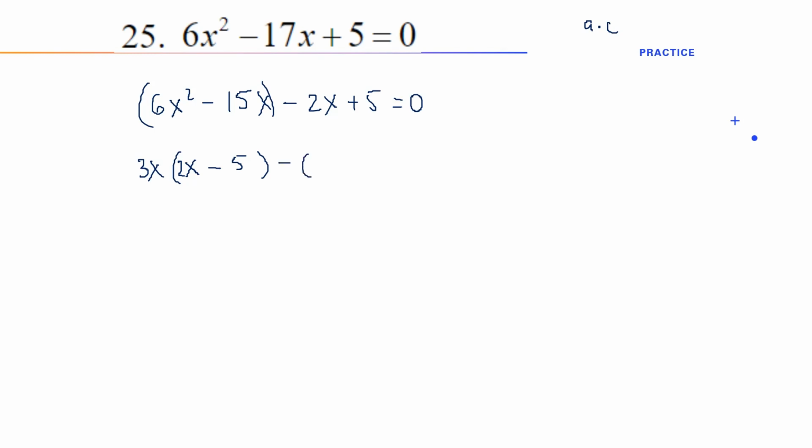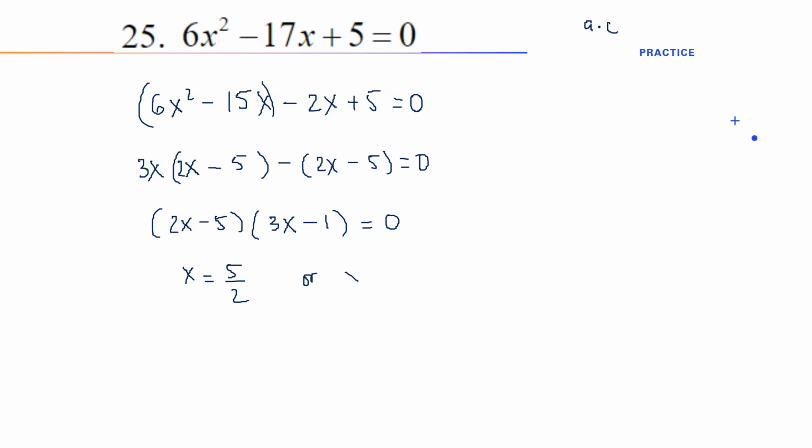And then we have minus 2x minus 5 equals 0. Now 2x minus 5 is in common, left with 3x minus 1, that equals 0. Now we solve for each of them. So x equals 5 over 2 or x equals 1 over 3.